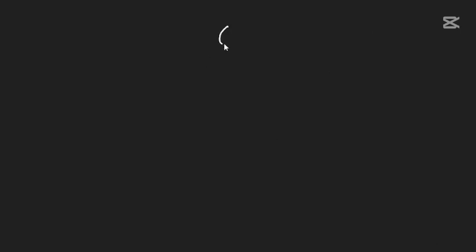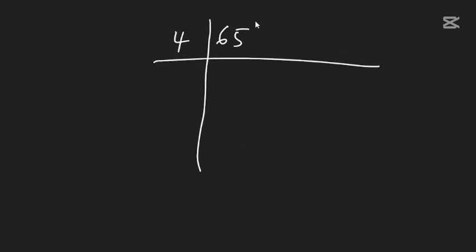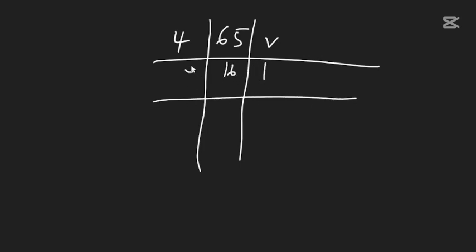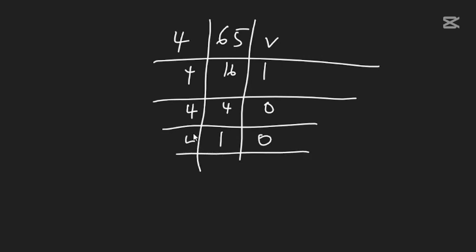So this gives us 65 and our given base is 4. 4 goes into 65, 16 times remainder 1. 4 goes into 16, 4 remainder 0. 4 goes into 4, 1 remainder 0. And 4 goes into 1, 0 remainder 1.